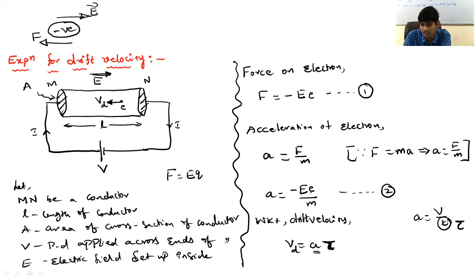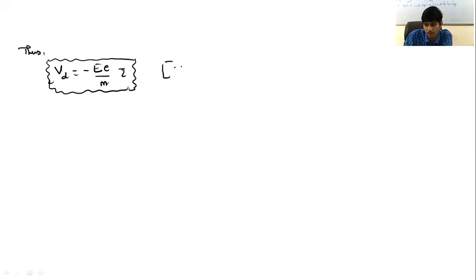A is equal to minus capital E small e by m. So Vd is equal to minus capital E small e by m, substituted in place of a, into tau as it is. We have substituted a as minus capital E small e by m into tau. This is the expression for drift velocity.